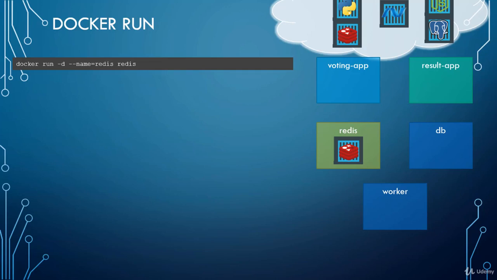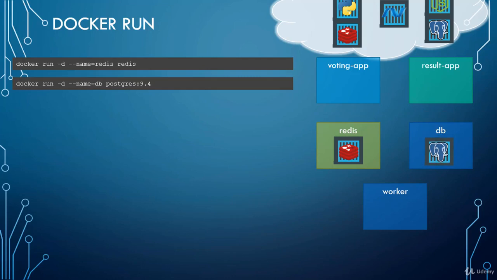Hold that thought. We will come to that in a bit. Next, we will deploy the PostgreSQL database by running the docker run postgres command. This time too, we will add the -d option to run this in the background and name this container db for database.